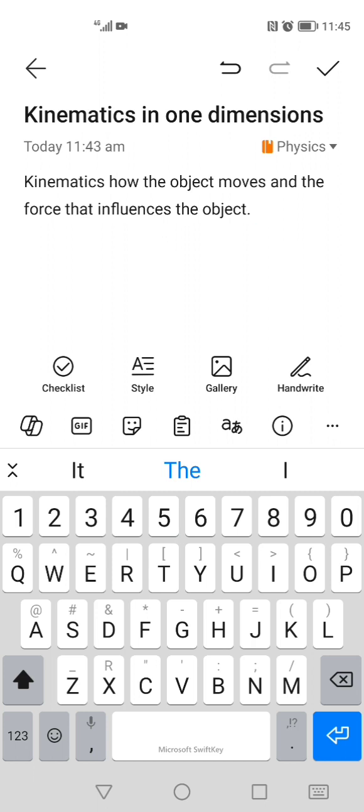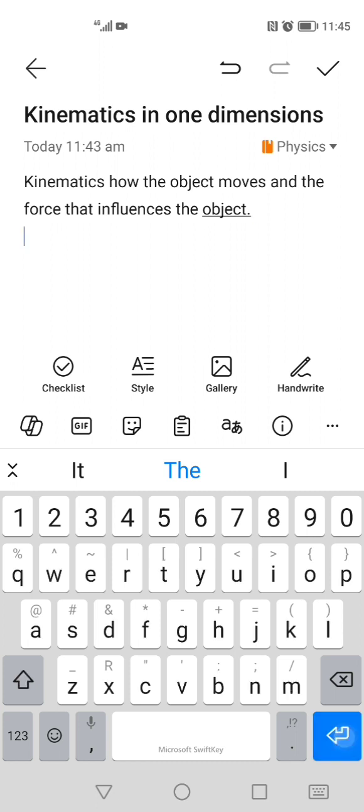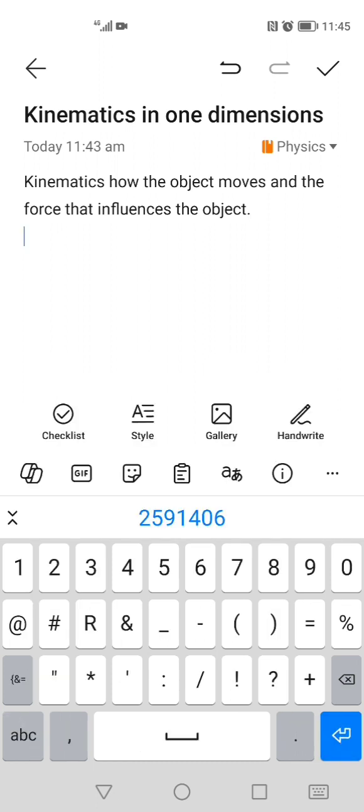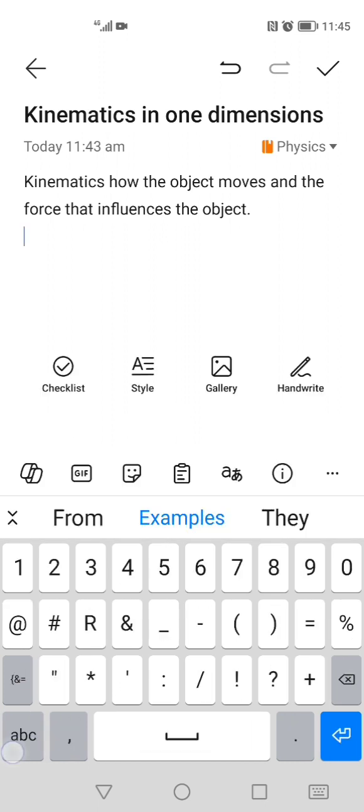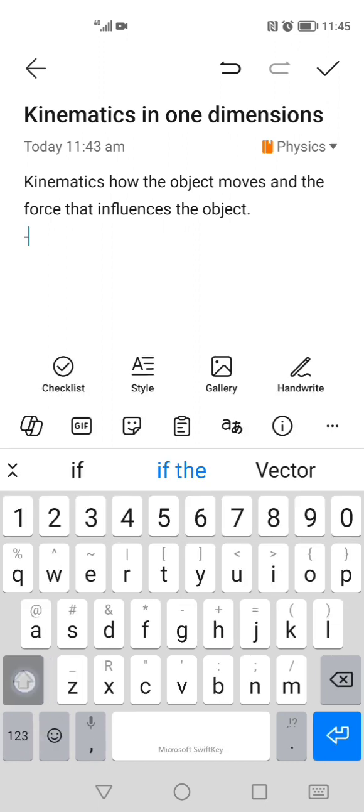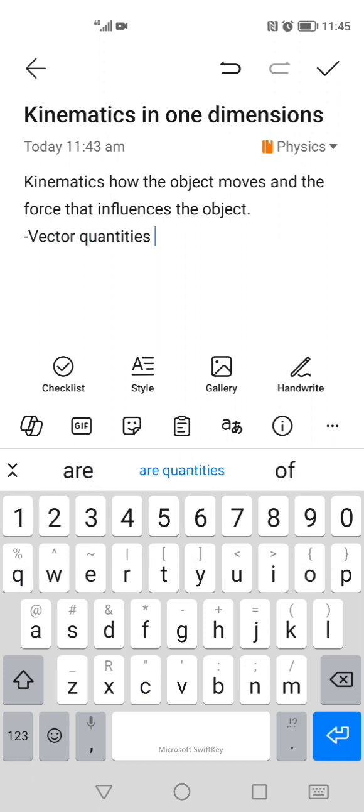The first concept we are going to define is vectors. We've got vector quantities. Maybe you're asking yourself, what are vector quantities?